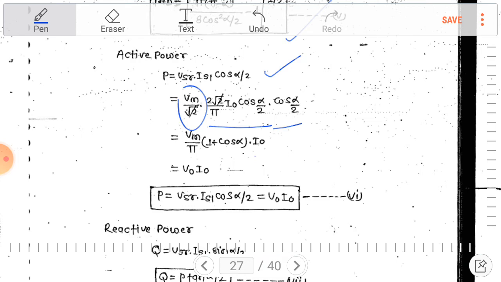By using the trigonometric formula we get the active power equal to Vm by pi (1 plus cos alpha) into I naught, where Vm by pi (1 plus cos alpha) is the output average voltage, so it is equal to V naught. So active power equals V naught I naught. So input active power equals output active power.